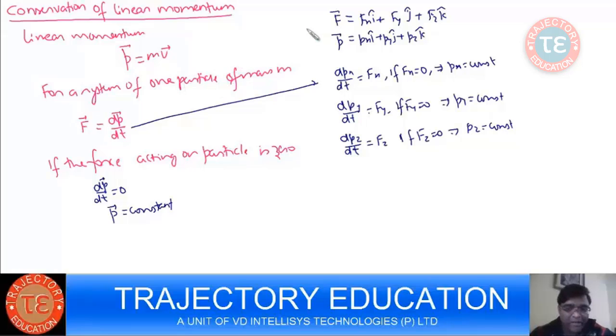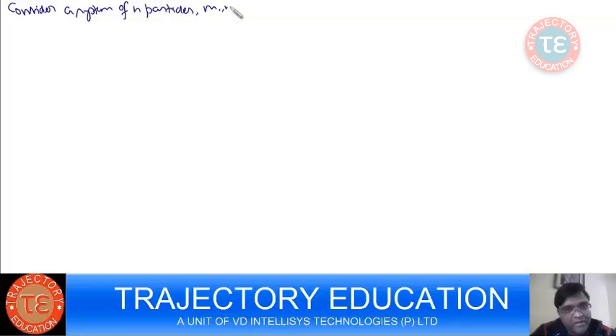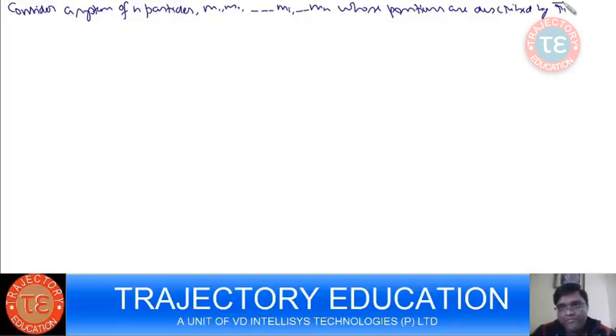Now suppose I go for a system of many particles, a system of n particles, with masses m1, m2, mi, mn, whose positions are described by R1, R2, Ri, and Rn.